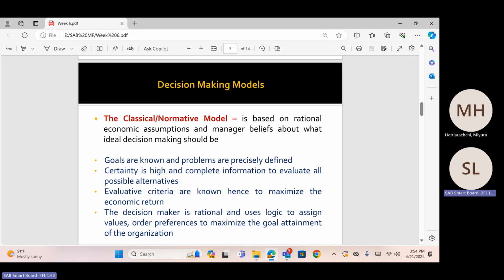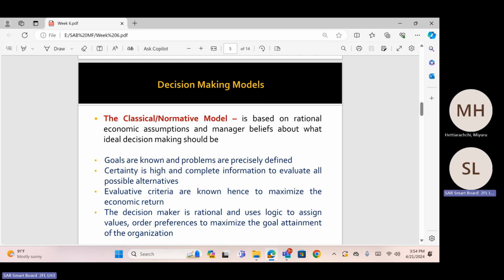It is straightforward. Another assumption is that the certainty of the situation is high. Then full information should be gathered to back the decision. Then all evaluation criteria are well known, in order to maximize the economic results.